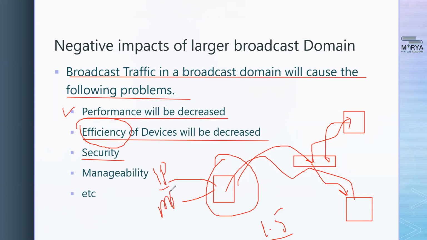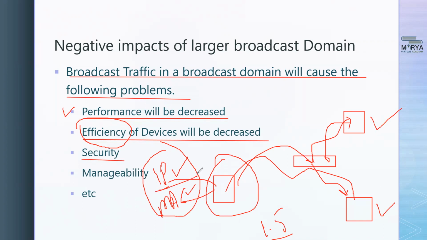If you have an idea about TCP/IP, this computer is going to use all the layers of the TCP/IP model. So at the network layer, they will add their source IP, and at the data link layer, they will add their MAC address. So these two addresses will be exposed to all these computers. And you know, whenever an address is exposed, the other computers can use it for any purpose, so it can be harmful.